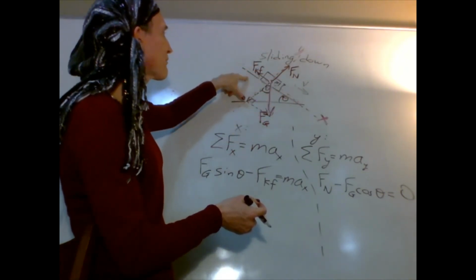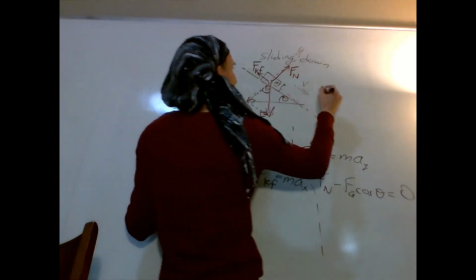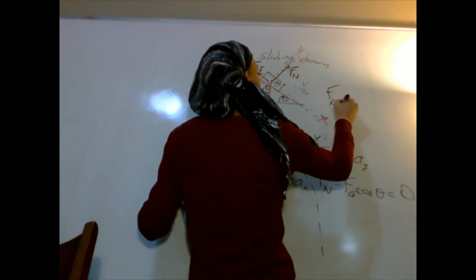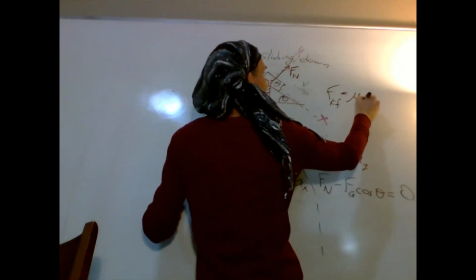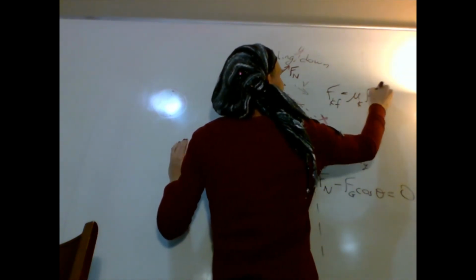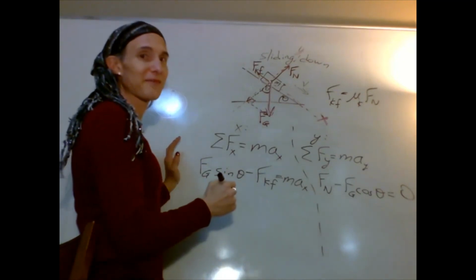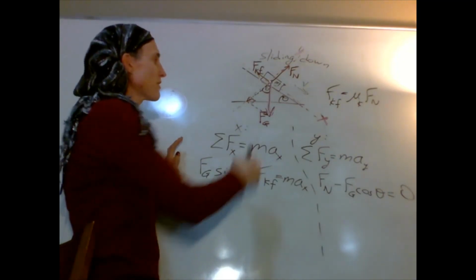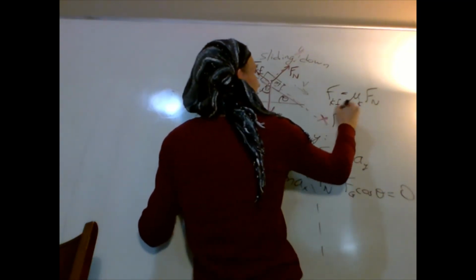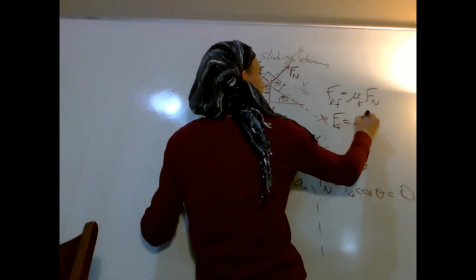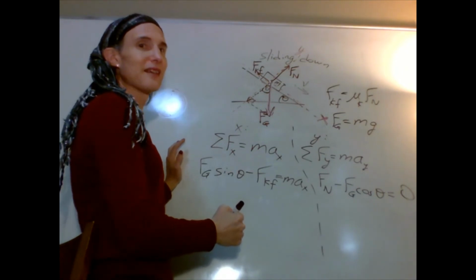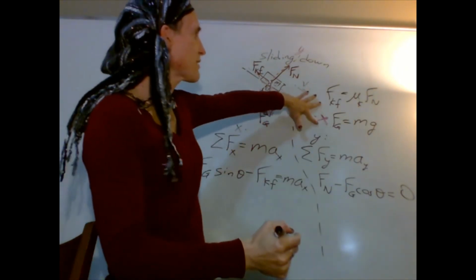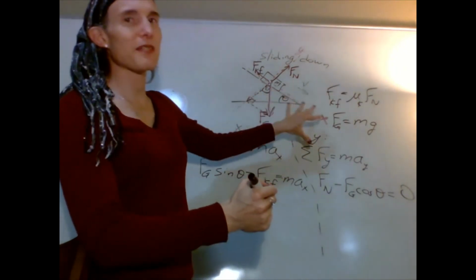If it's kinetic friction, then the force of kinetic friction is equal to the coefficient of kinetic friction times the normal force. You also know that the force of gravity on the object is equal to mg. It's weight times the gravitational acceleration. So you have these relationships between forces and other physical quantities.